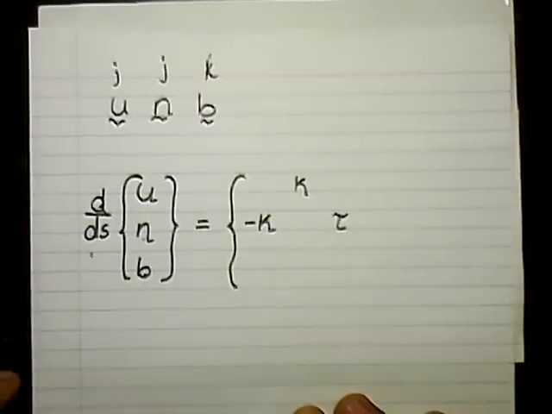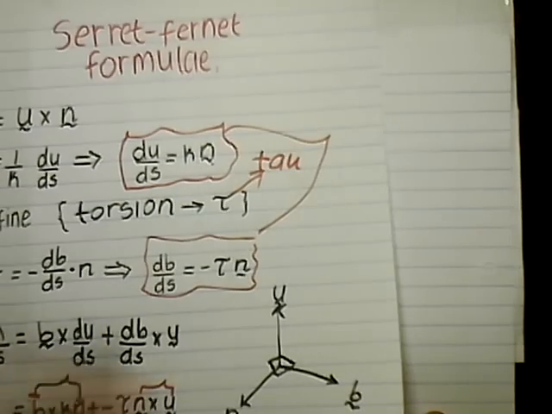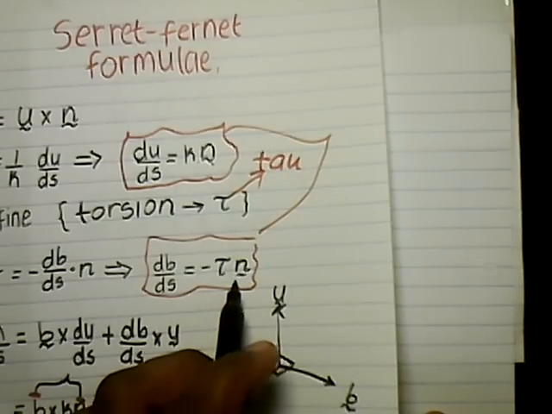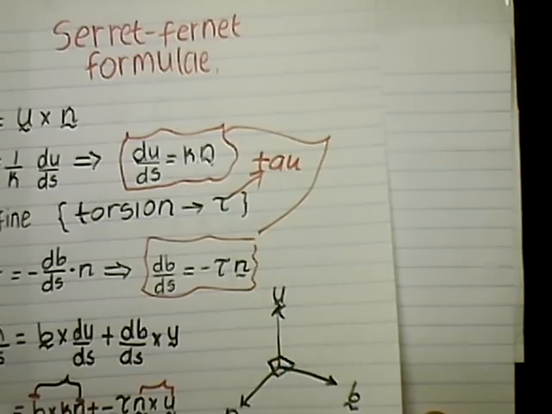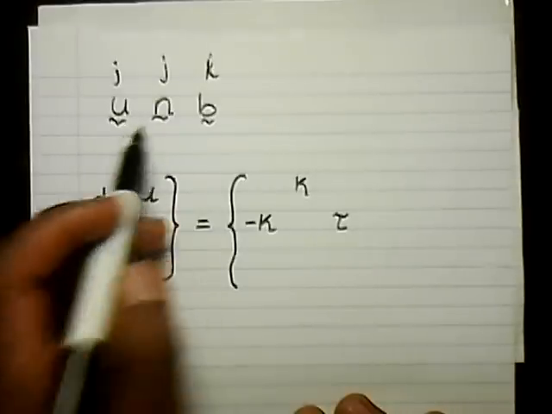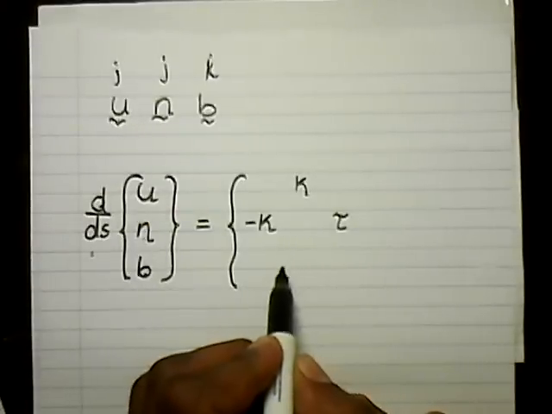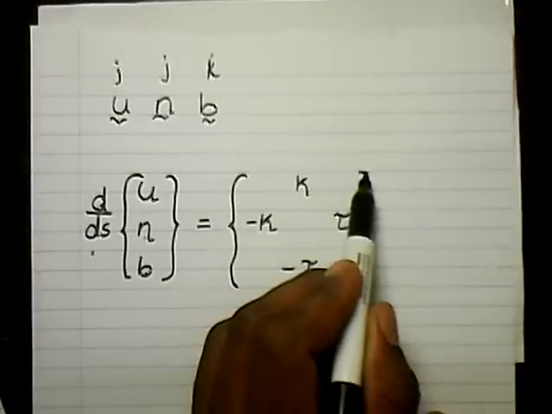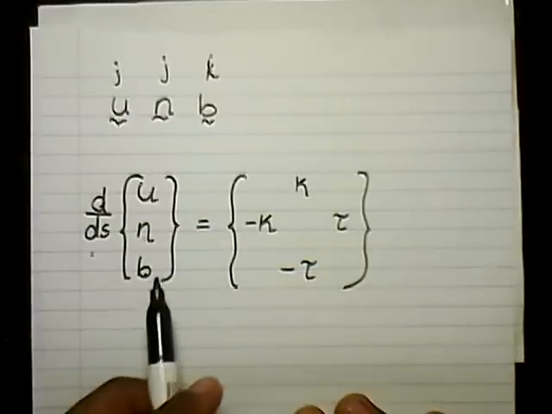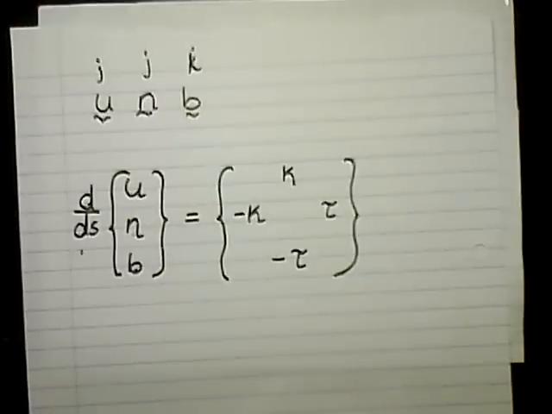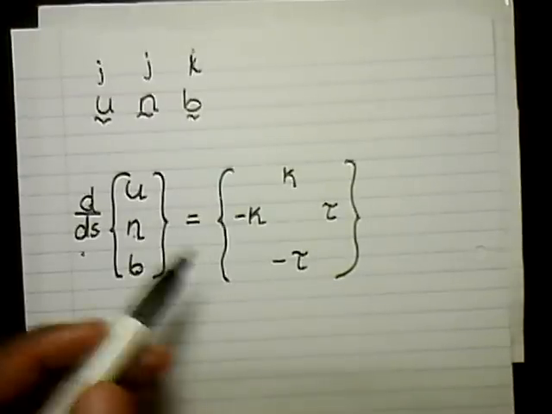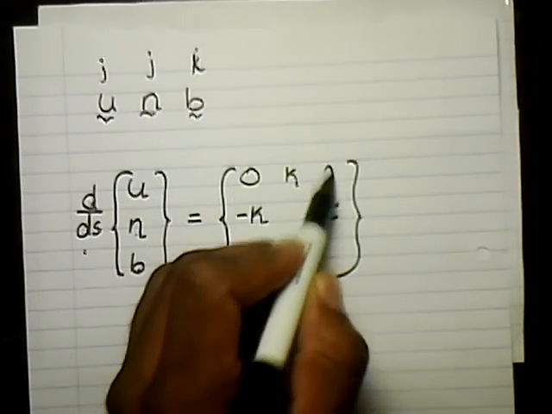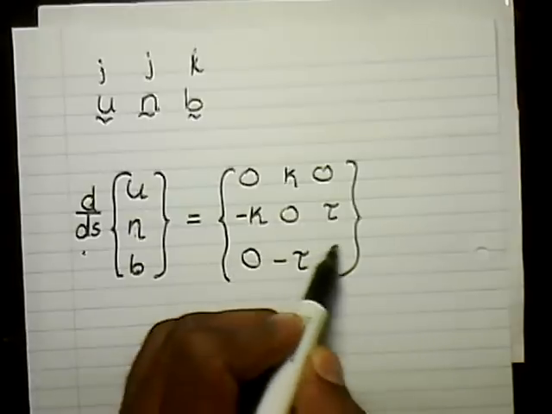Now the last one, db/ds, we defined it to be negative tau multiplied by n, and n represents our jth column, so we're going to have a negative tau here. Note that because it's a 3 by 3 matrix, we can put zeros in the remaining entries.